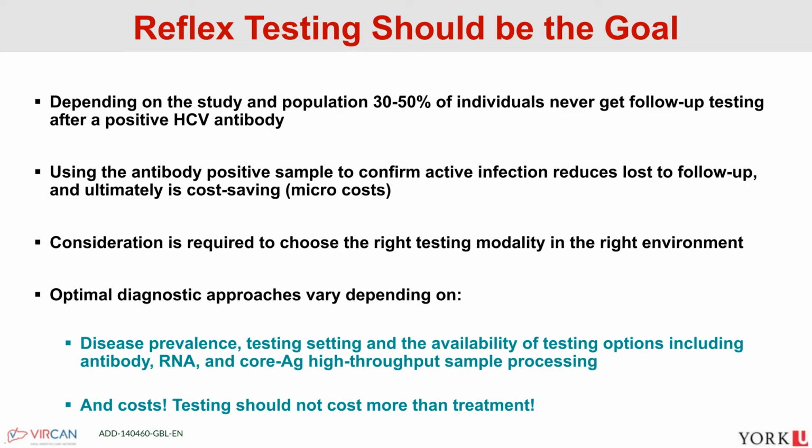So why should reflex testing actually be the goal? Why did I say that at the beginning? Well, depending on the population and the study, the number of individuals that are lost to follow-up between antibody testing and determining if they have active infection is anywhere 30 to 50%. So 30 to 50% never move on to that second step in the cascade of even knowing if they're positive or not.